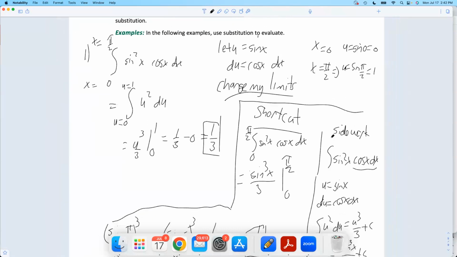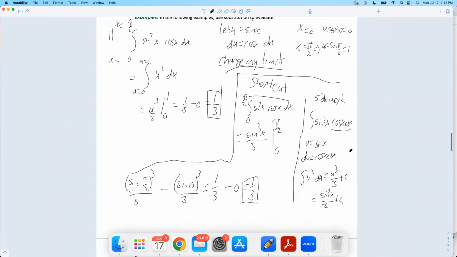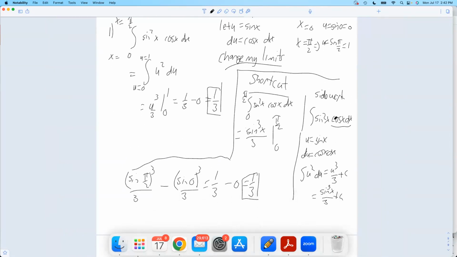Or alternatively, sometimes it is easier to do some side work and find an indefinite integral. Find the antiderivative of the inside. Then go back and do everything in terms of your original variable and leave your limits alone. But this is all side work. Don't ever put that this equals that, because these are not equal. This is a number. This was a function.